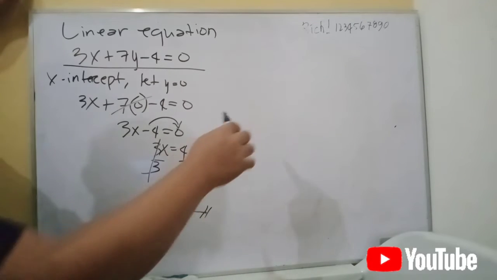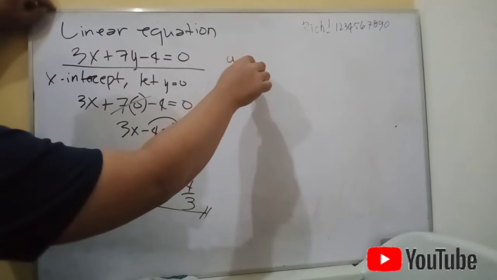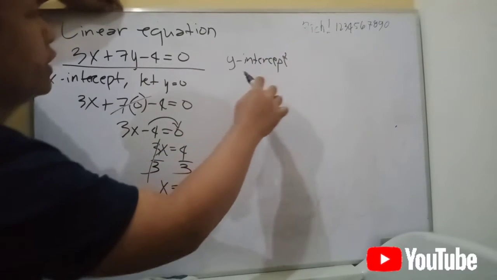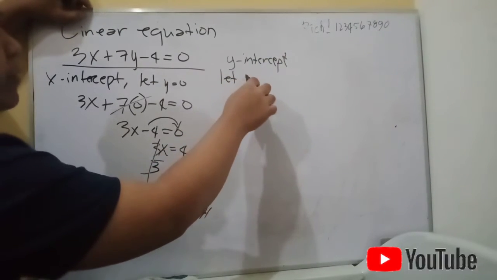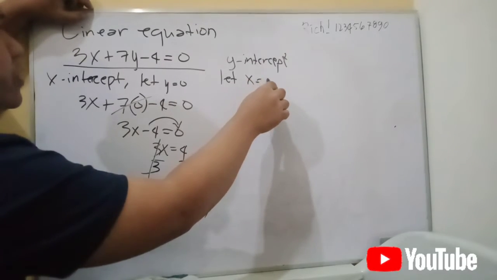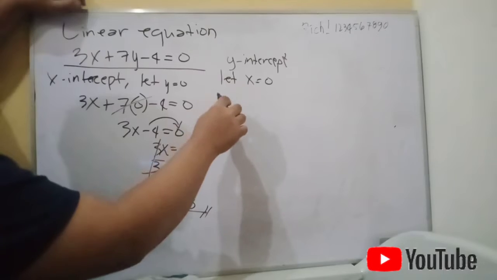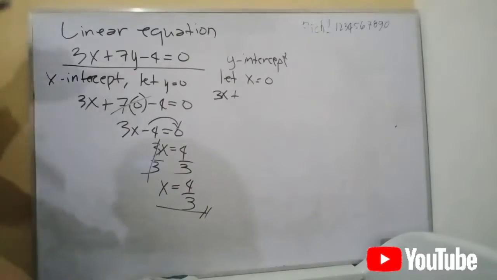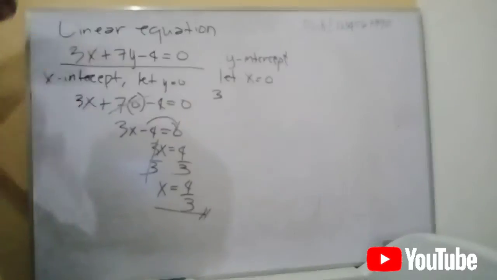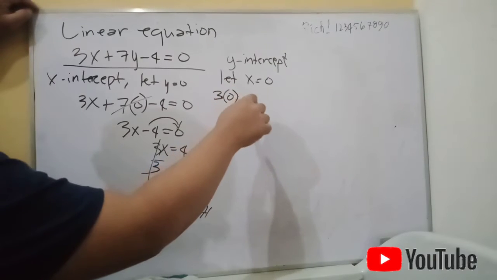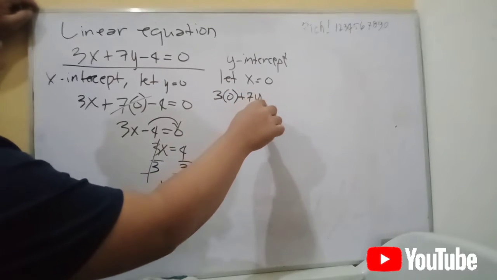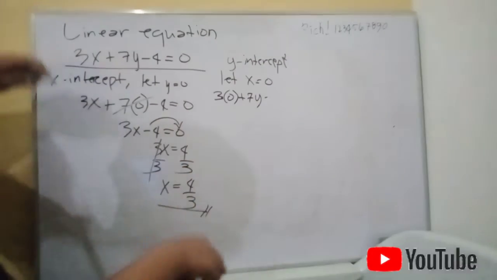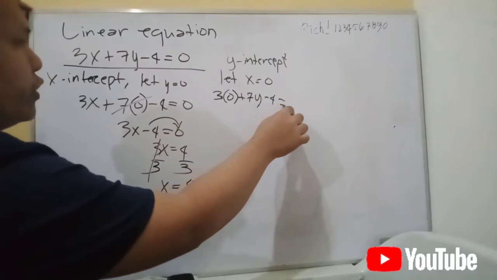So for the y-intercept, let x equal 0. So 3x, this one, plus, that's 0, we just substitute 3 times 0 plus 7y is minus 4, minus 4 is equal to 0.